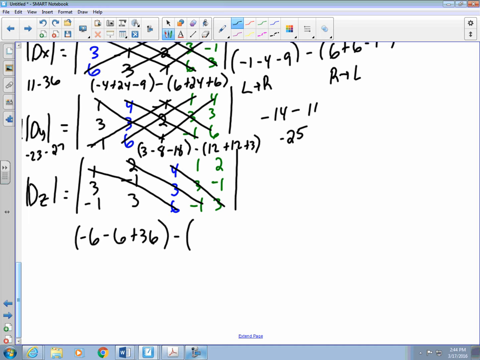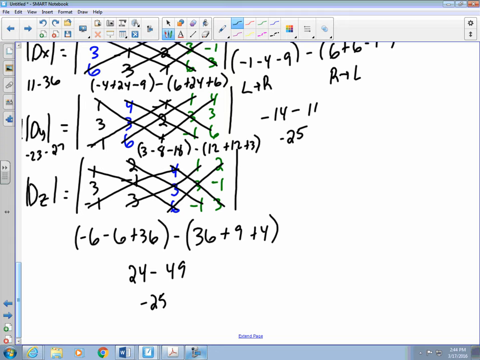Now I have 2 times 3 times 6, 3 times 3 times 1, and negative 1 times negative 1 times 4. So negative 12 plus 36 is 24. And 36 plus 9 is 45, plus 4 is 49. And that's also negative 25.